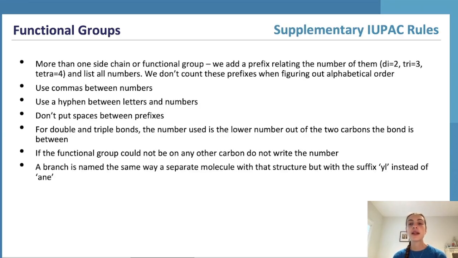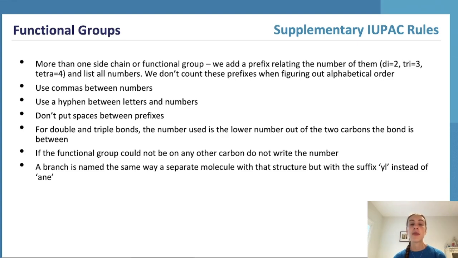So now we can look at some of our supplementary IUPAC rules. These are extra rules which help in making the naming a bit more clear. If we have more than one side chain or functional group, we need to add a prefix which relates to the number of them. As I was talking about before, if there's 2 of a particular functional group, we use di, 3 tri, 4 tetra, etc., and then list all the numbers of where they are located.